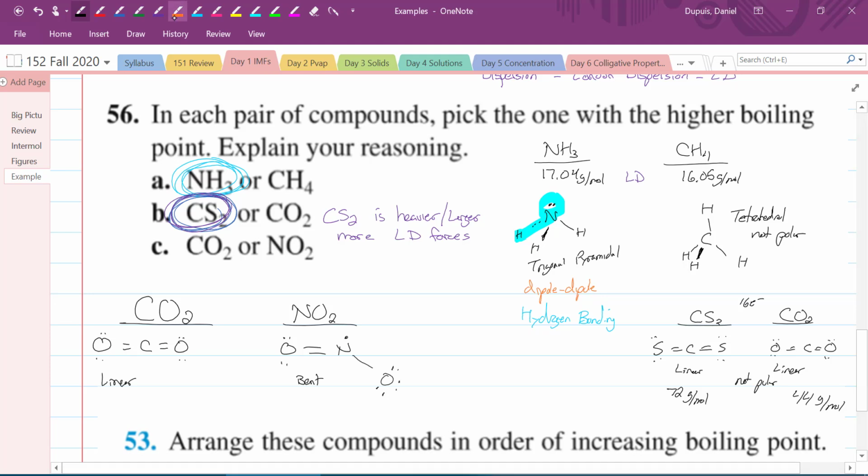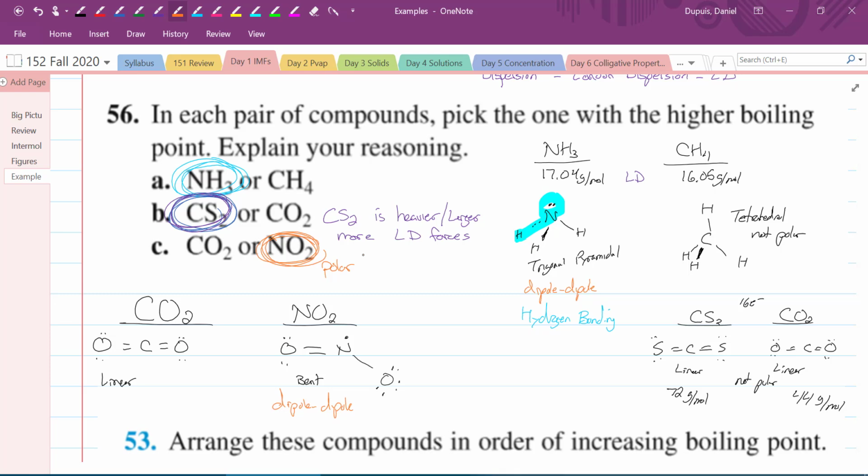And so we have dipole-dipole here. So I would say NO2 would have a higher boiling point because it's polar, whereas CO2 is not.